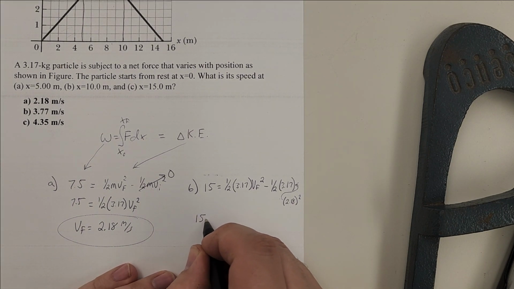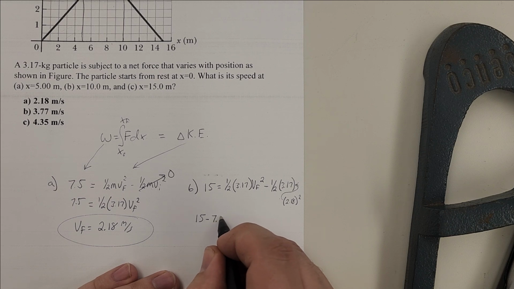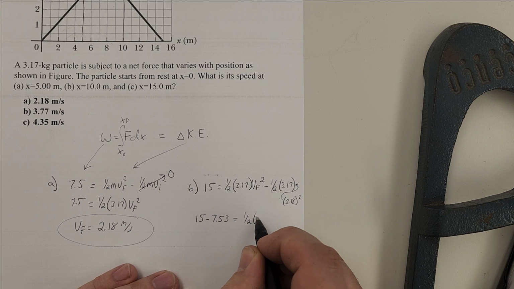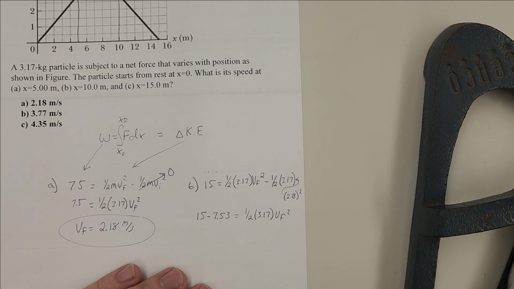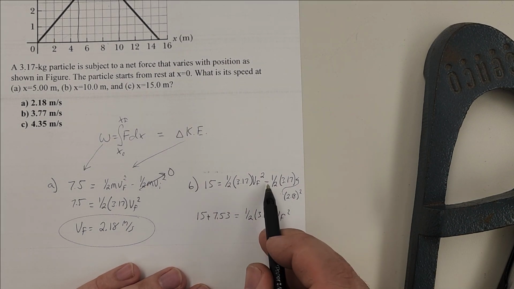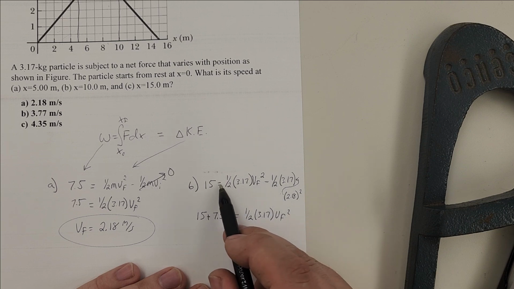So we're going to have 15 minus 7.53 is equal to 1/2 times 3.17 VF squared. Plus, my mistake, plus, because this is already a minus. It's a minus this, so we'll add it to the other side.